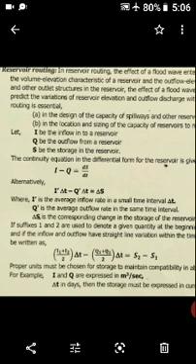Delta S is the corresponding change in the storage of the reservoir during the same time interval.